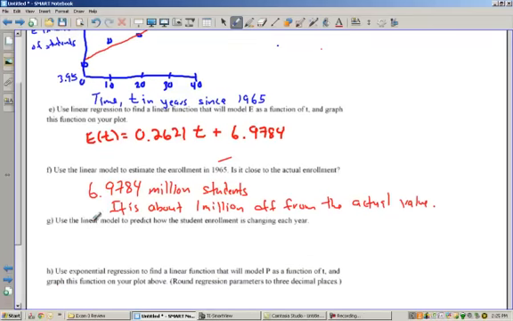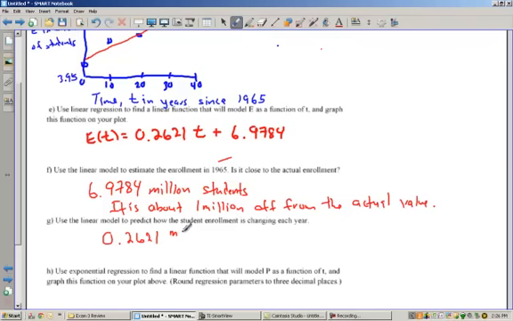All right, so now we want to use the linear model to predict how the student enrollment is changing each year. You can use a little bit of logic on this one. This was the initial, and we put it there, so this number must be how it's changing, and it is. Remember, this number is like the slope, like the rate of change, so this is 0.2621, and the most important part is the units. This is output over input. That's how you find the slope, this rate of change, like the rise and the run.